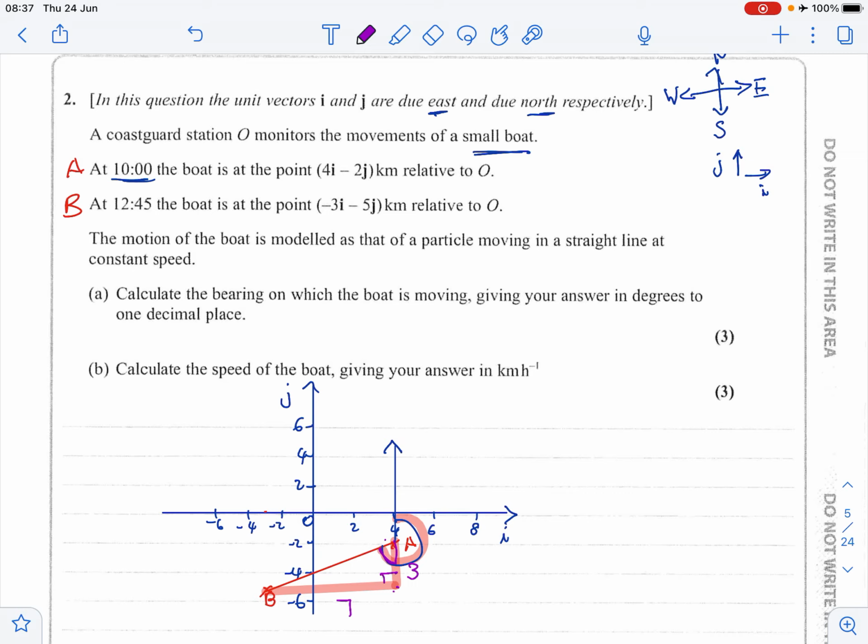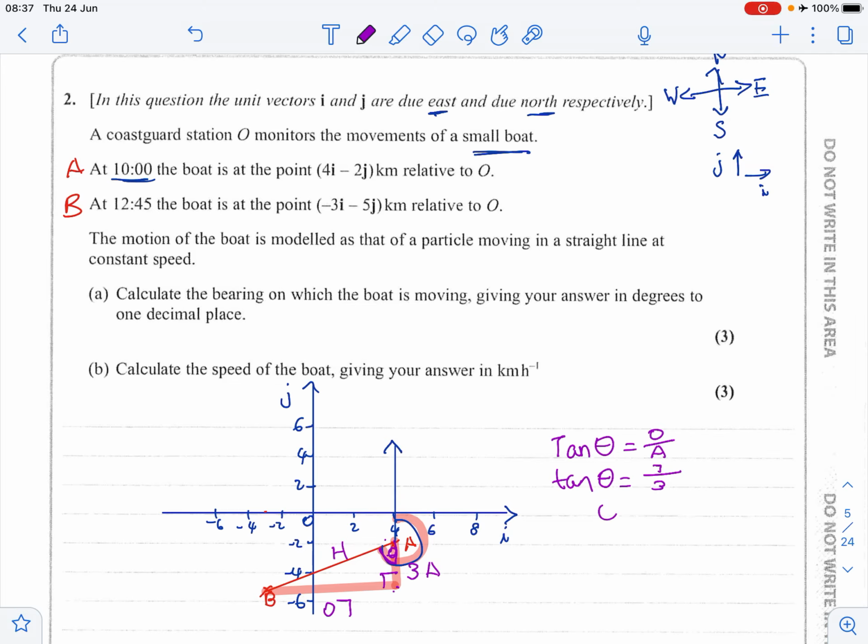We have a right angle triangle here, and we can use SOHCAHTOA. Let's label our sides: hypotenuse, opposite and adjacent. We're going to use tan. So tan theta, the angle we want to find, equals opposite 7 over adjacent 3.